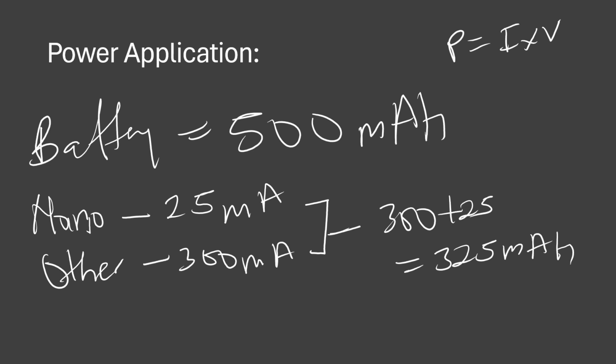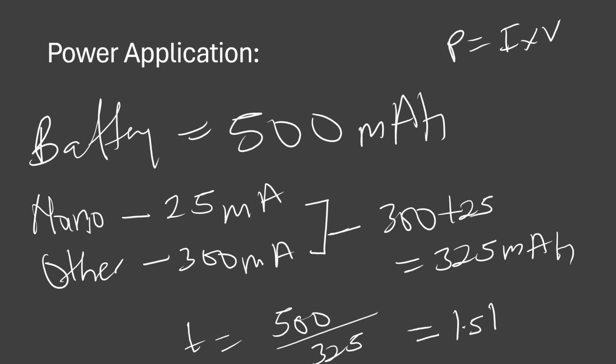So to get the amount of time that our battery is able to last, we simply say time is equal to 500, which is our battery capacity, divided by 325. And then I have 1.5 hours. So this implies that we're able to run this circuit using this battery for just 1.5 hours.